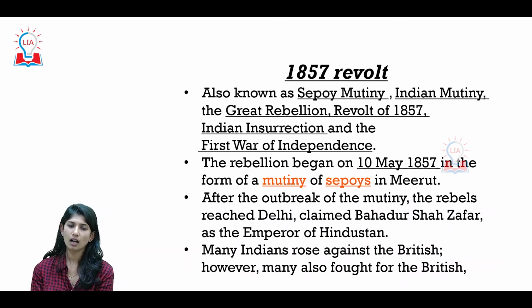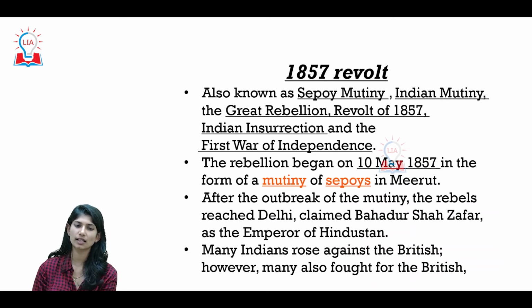After the outbreak of the mutiny, rebels reached Delhi and claimed Bahadur Shah Zafar as the Emperor of Hindustan. In 1857, people still run back to Delhi and still proclaim Bahadur Shah Zafar, a Mughal, as the emperor of Hindustan, which indicates the effect that the long-standing Mughal empire had on India.